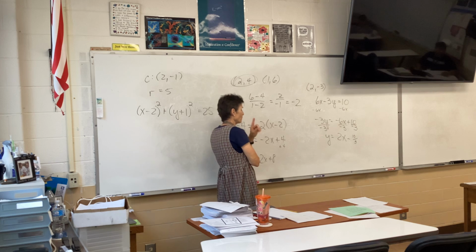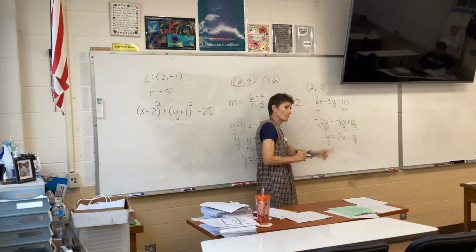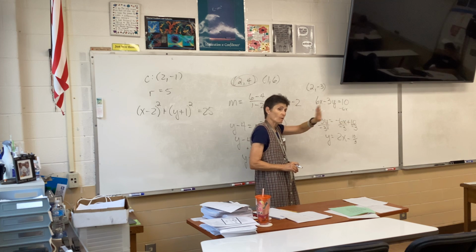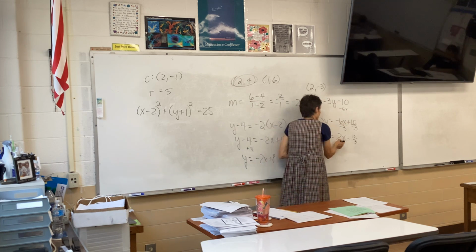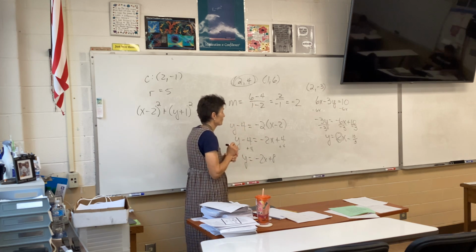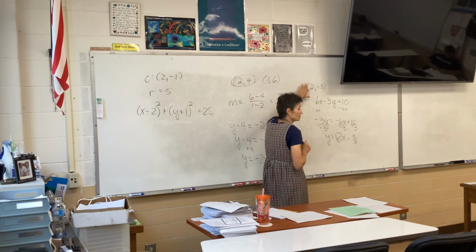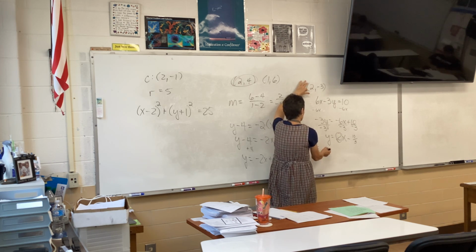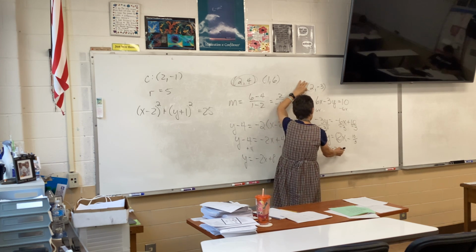So since we're parallel this time, remember on the last test, we were perpendicular? Now we're parallel, so we're just gonna stick with the 2. Y minus -3 equals 2x minus 2.